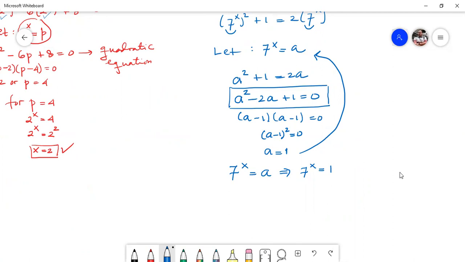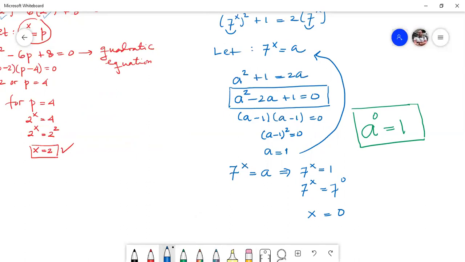Yes, 7 to the power of 0. Remember, any base number to the power of 0 will give you 1. So in this case, the solution is x equals 0. That's the solution.